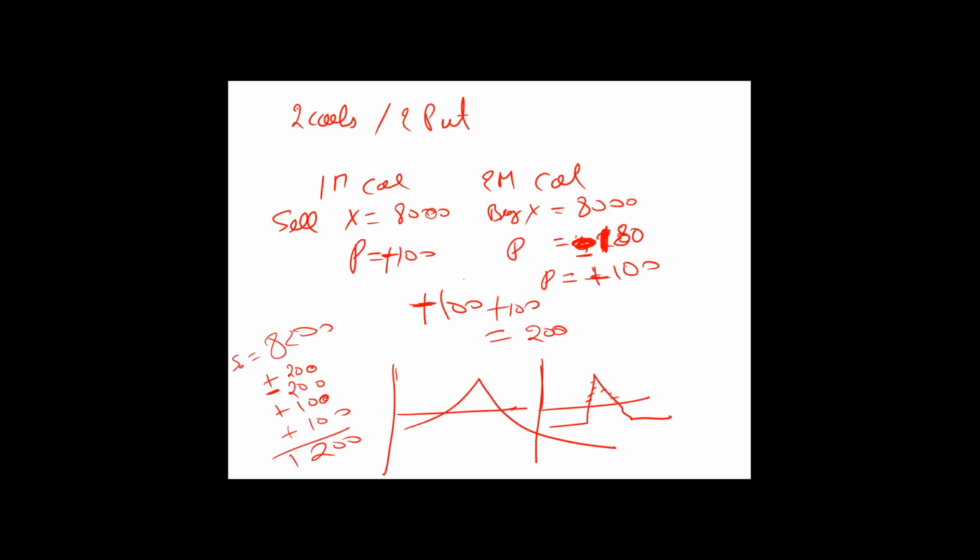Similarly, if the market goes down, if the price goes down, the call you sold will give you limited profit of 100, and the call you actually bought will give you limited loss.